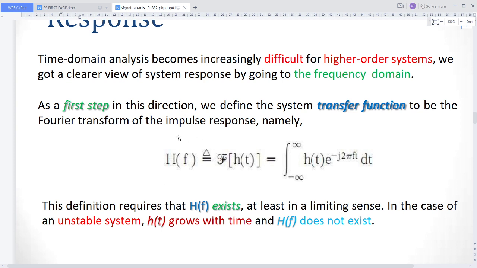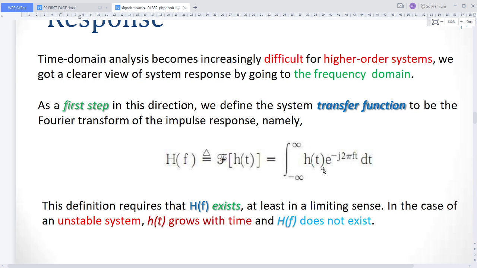Now we have the transfer function H of f. f is the frequency; in place of f you can also use the angular frequency omega. H of f is equal to some function applied on h of t. h of t, we know, is the impulse response, the output from a system whose input is the impulse signal, del of t.